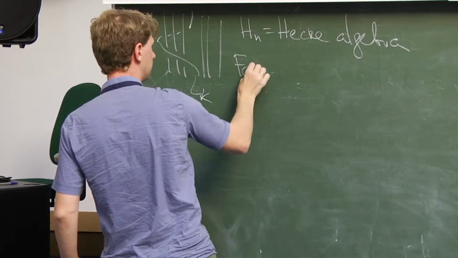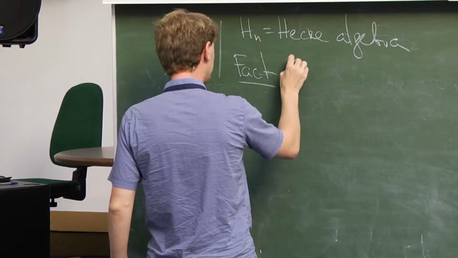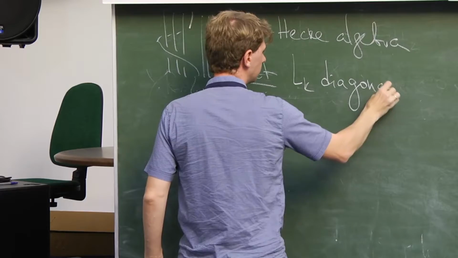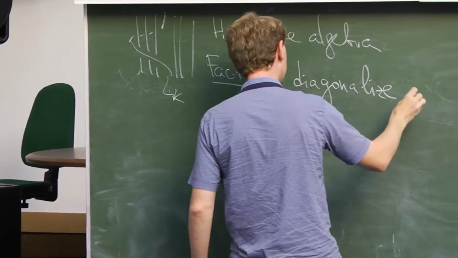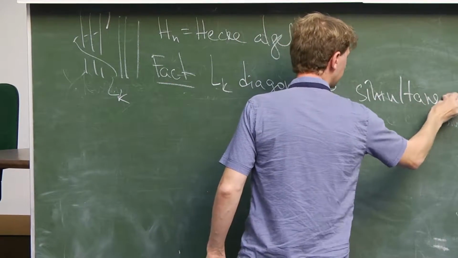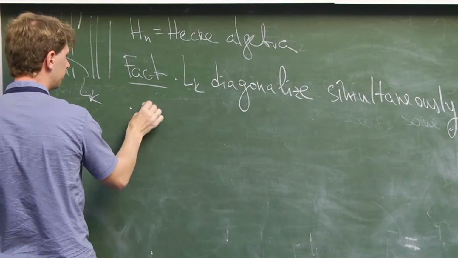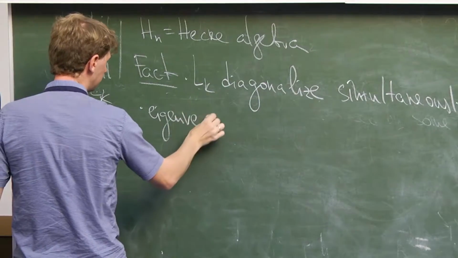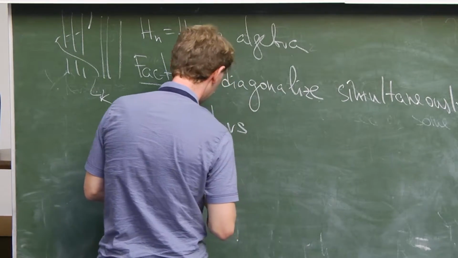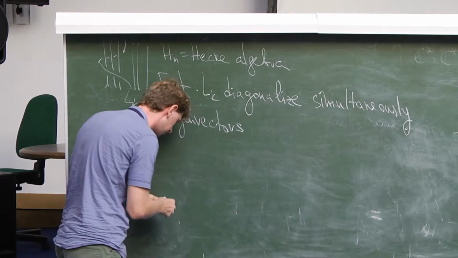And the fact is that because all these operators commute, the L_k diagonalize simultaneously, so the eigenvectors correspond to irreducible representations of the Hecke algebra.